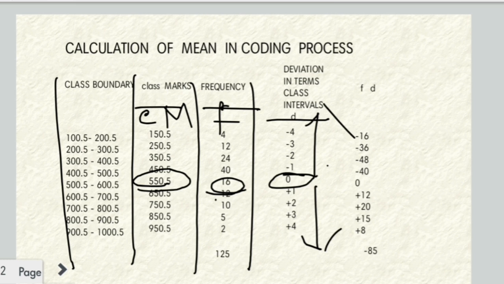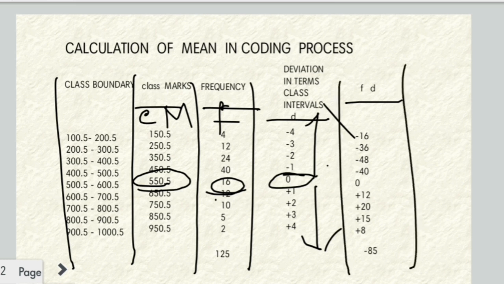Here we count just the number of observations. Next column FD, we calculate FD, multiply of F and D. So in the first observation FD is 4 into minus 4 equal to minus 16.